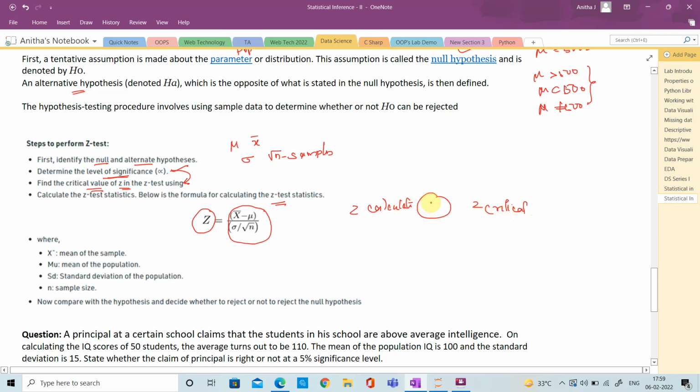If your calculated value is greater than the critical value, then you can reject your null hypothesis, that is your H0. Based on the comparison, you can decide whether to accept or reject your null hypothesis.